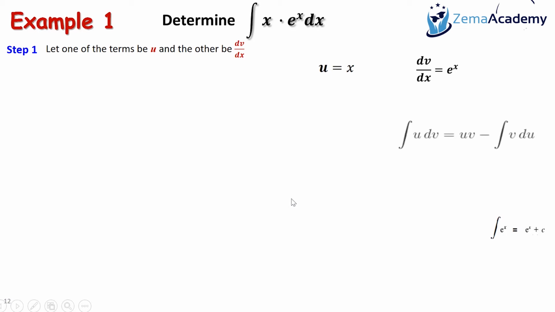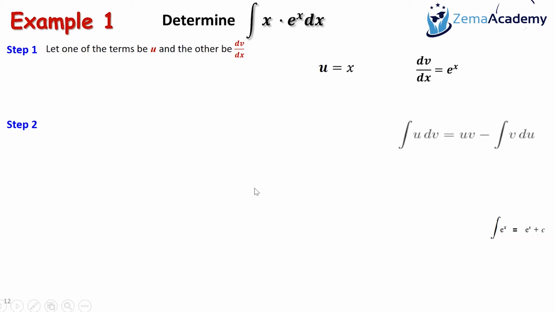As one of your colleagues just explained, x needs to be u. So if x is u, e to the power x dx needs to be dv. Here, if I take this dx over here, it will be dv equals e to the power x dx. It's just the way I've written it. Otherwise, dv is e to the power x dx. This whole thing is dv.